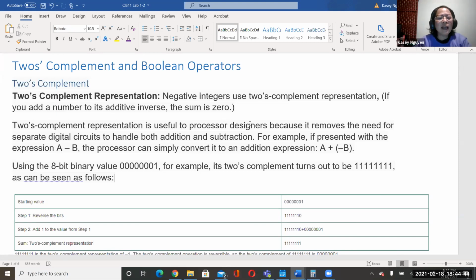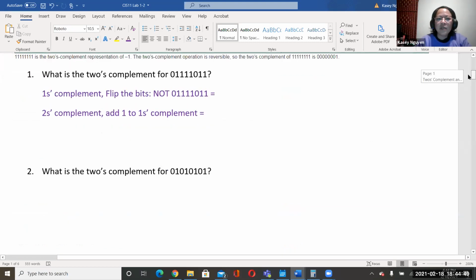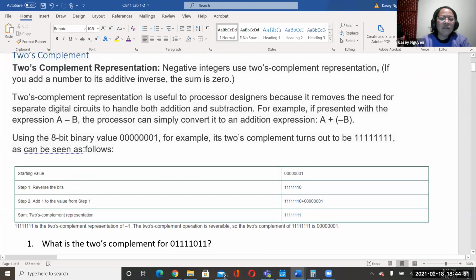Okay, so how does that happen? First, what you would do is you would take the value. Let's say that this is our starting value, 1, right? A positive 1, and we convert it to binary. So this is our binary value. Then we have to use the not operator, or we reverse it. And the way I say this is you flip the bits. The 0 becomes 1 and the 1 becomes 0.